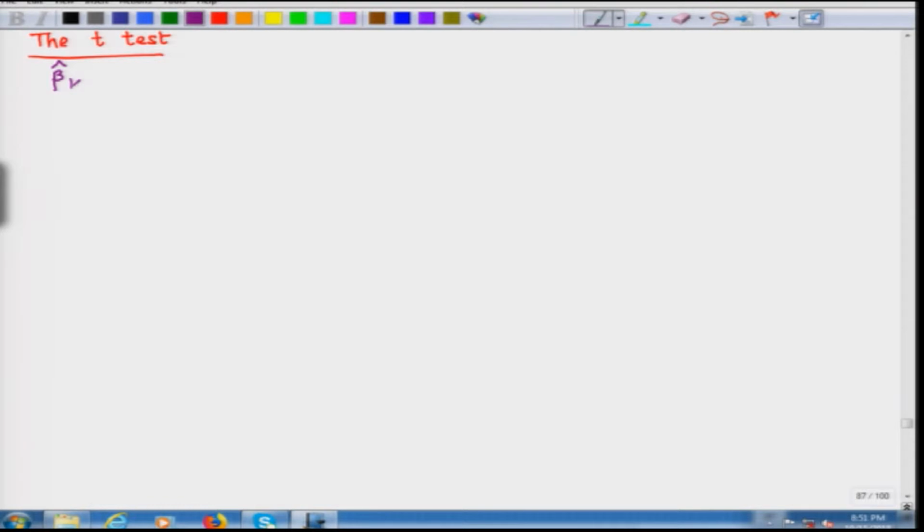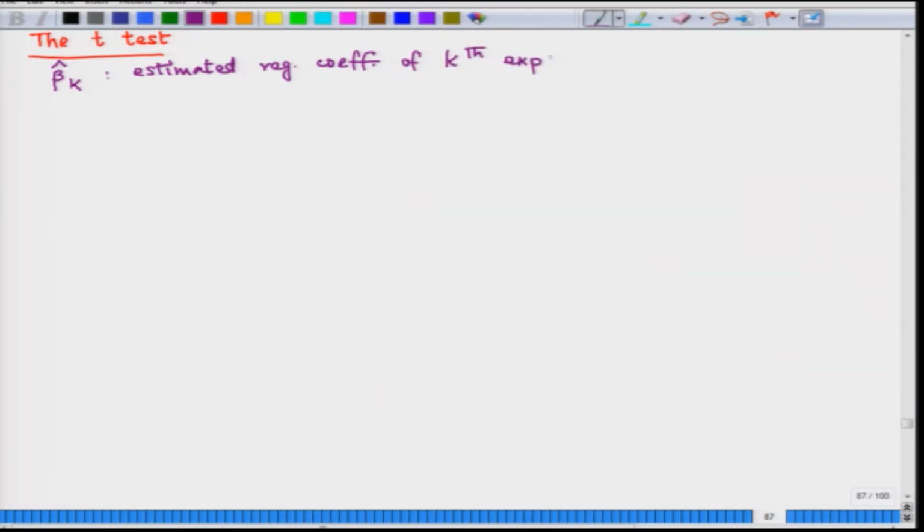Suppose we are working with a multiple regression model. So, beta hat k is basically the estimated regression coefficient of the kth explanatory variable. Okay. It implies xk, right.